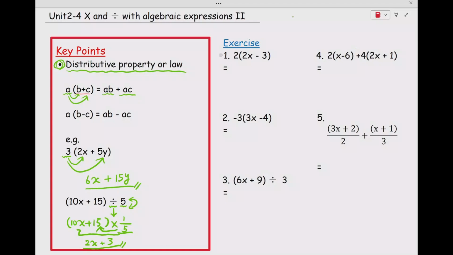First, multiply the 2 outside the brackets onto everything inside brackets like this, and remove the brackets. So, 2 times 2x, then you get 4x. Now multiply the 2 onto the minus 3, then you get minus 6. Putting these two together, the answer would be 4x minus 6.